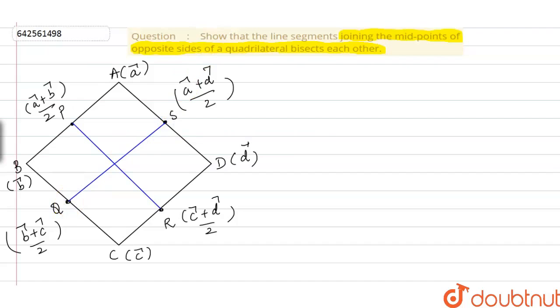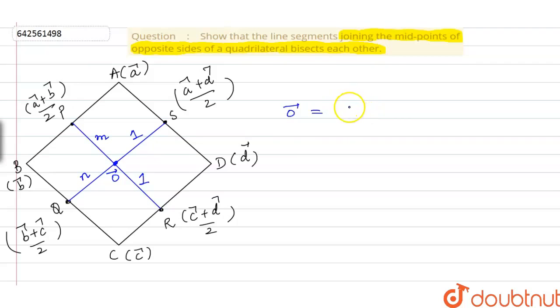Now a point O exists such that this is the intersecting point of the lines PR and QS. Right. Now if we assume that this point O is dividing the line segment PR in the ratio of m:1 and is dividing the line segment QS in the ratio of n:1, then we can write the position vector for point O by using the section formula.